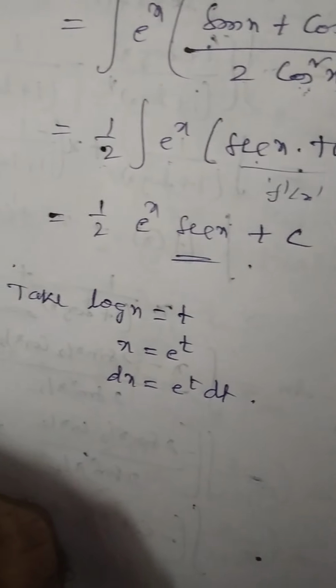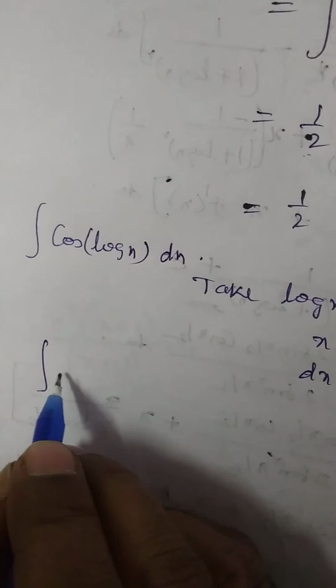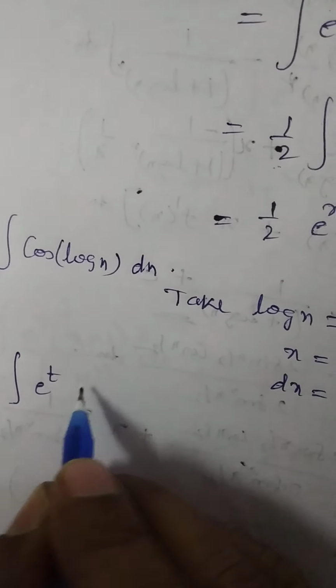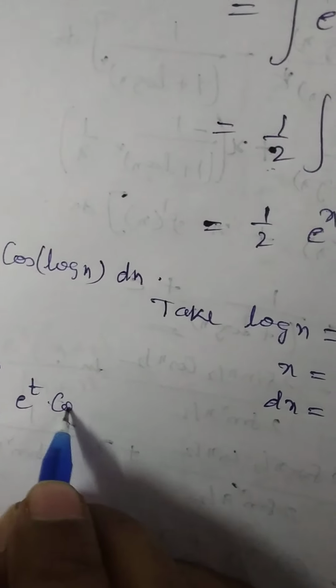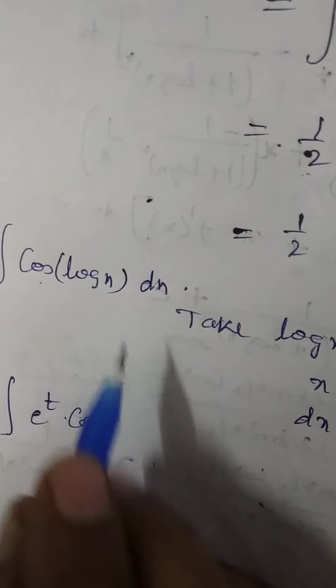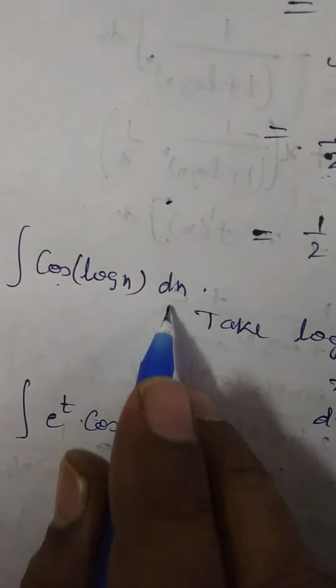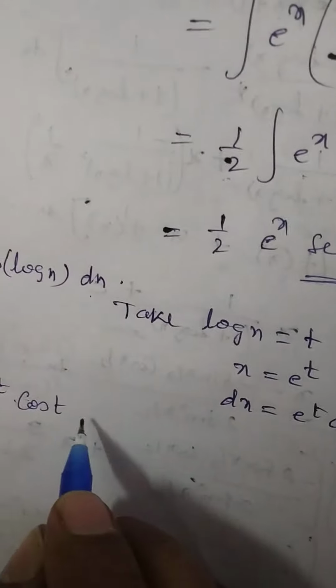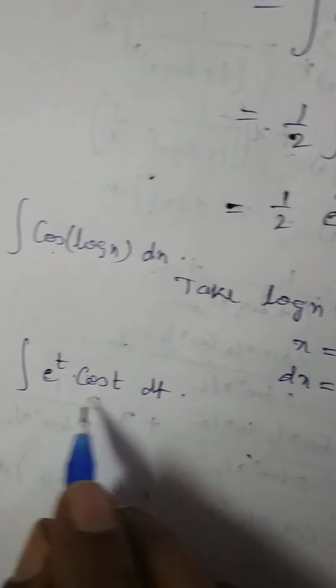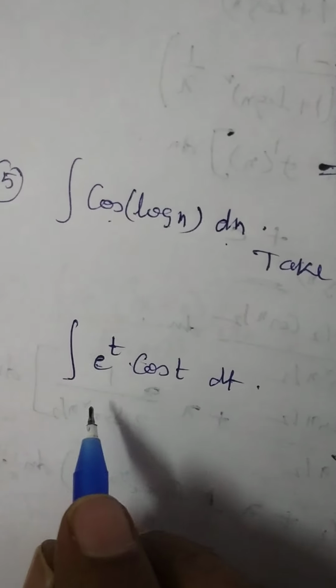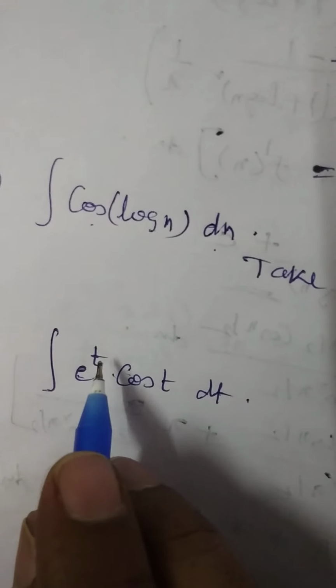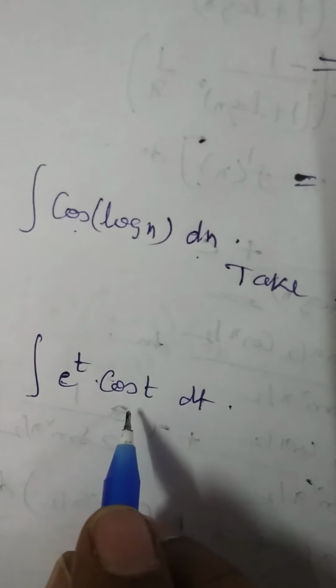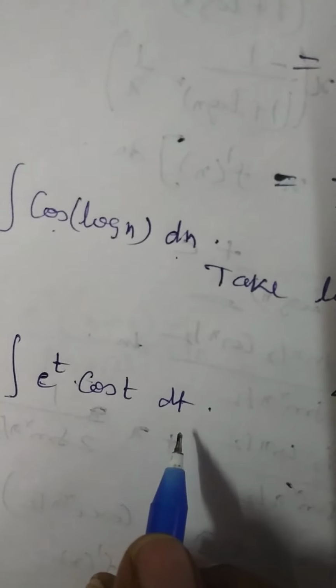So here this integration will change to e power t into cos of t, since here we are assuming log x as t. So dx is nothing but e power t dt. This is again in the standard form, that is integration of e power ax into cos bx dx.